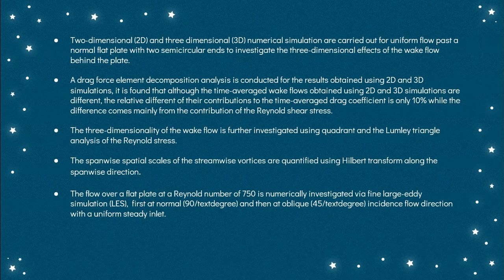For the results obtained using 2D and 3D simulation, it is found that although the time average wake flow obtained by using 2D and 3D simulation are different, the relative difference of their contribution to the time average drag coefficient is only 10%, while the difference comes mainly from the contribution of the Reynolds shear stress.